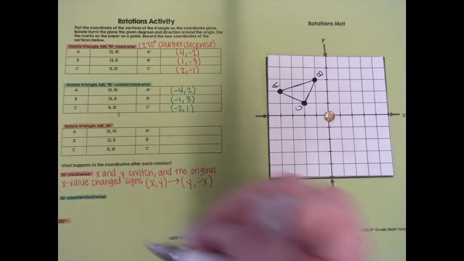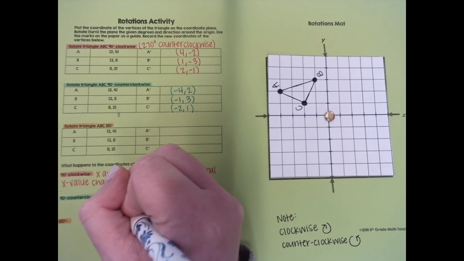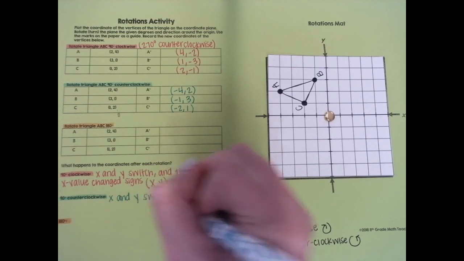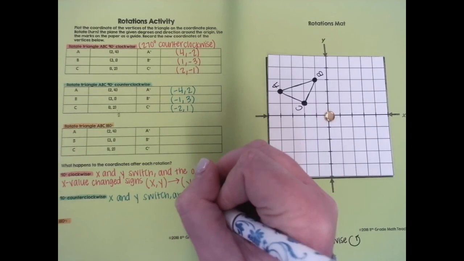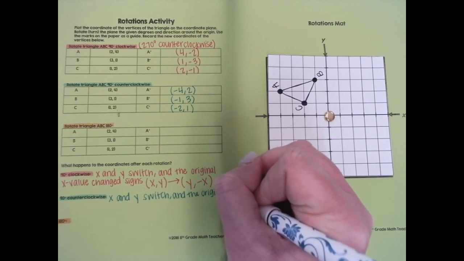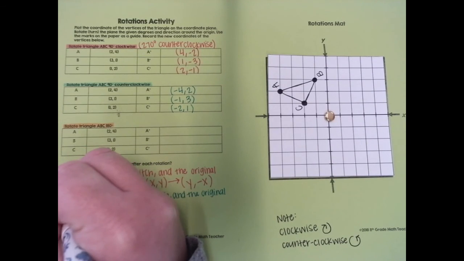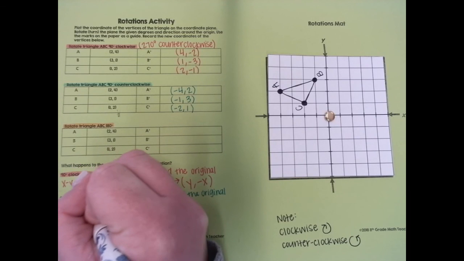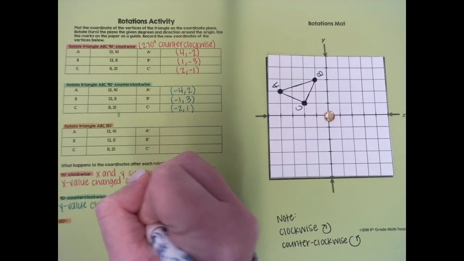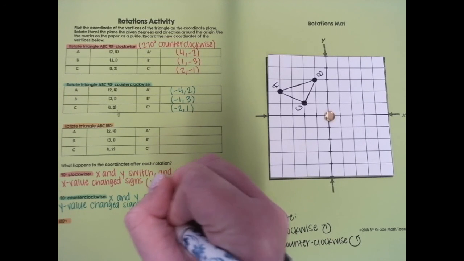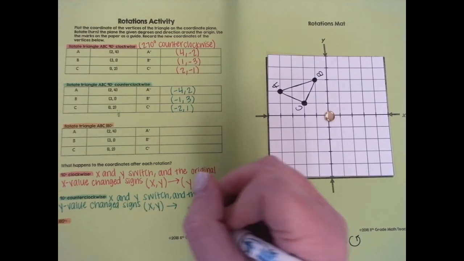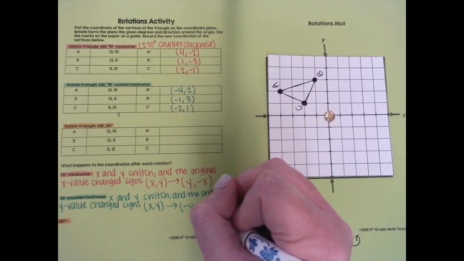So X and Y switch, and this time the original Y value changed signs. So we started with the point x, y, and it became the point negative y, x.